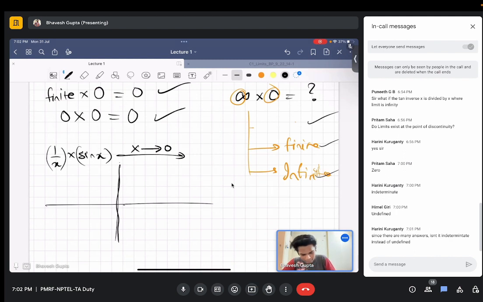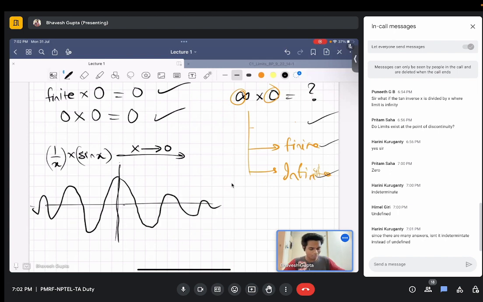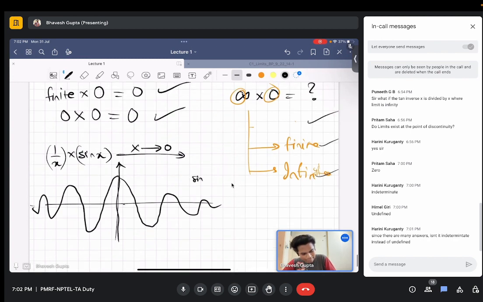It looks like this. Since I have drawn the graph, you know the answer exists, right? Just by looking at it, you can say. So this is the graph of sin x by x, and you can see at x equal to 0, it has a finite value which is equal to 1. So the answer is 1.